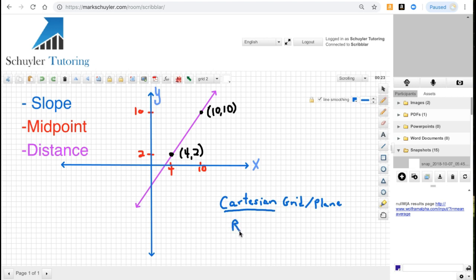A gentleman who was a philosopher and a scientist and a mathematician. You've probably heard of him. His name is René Descartes. And he's really the dude who figured out how to connect geometry with algebra.